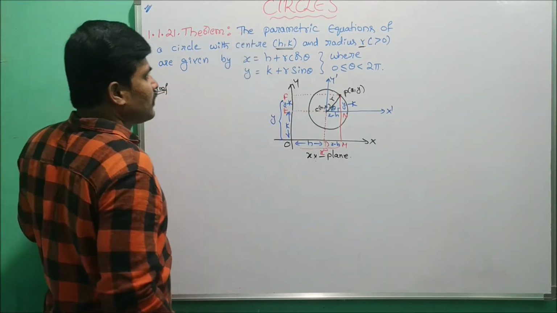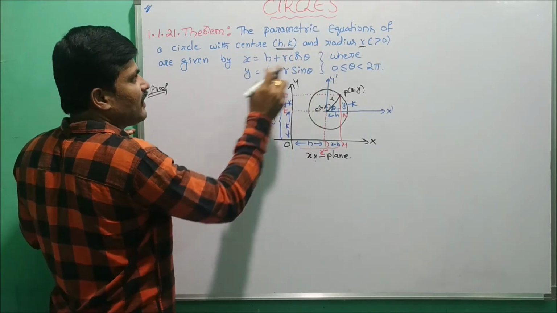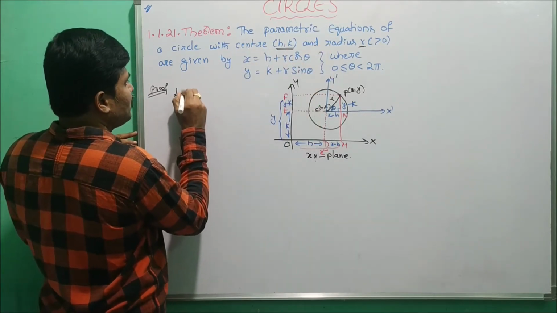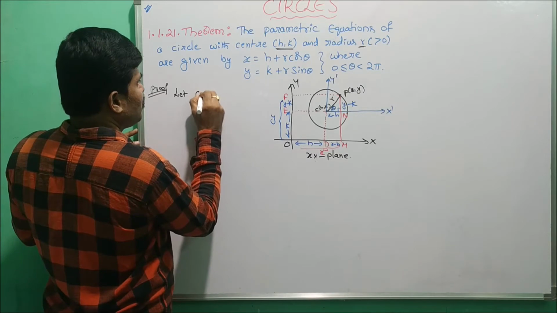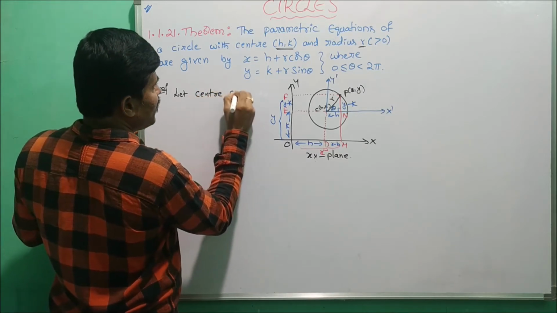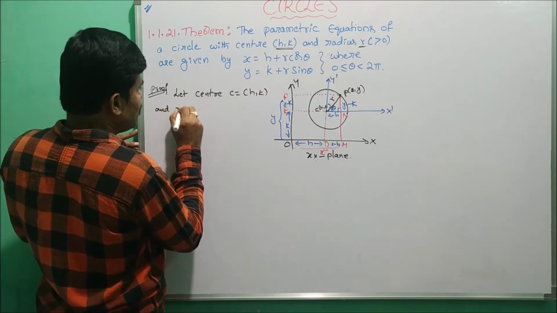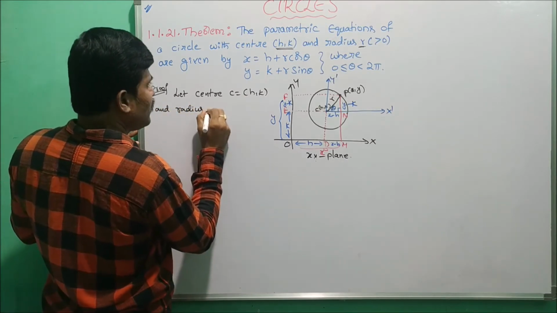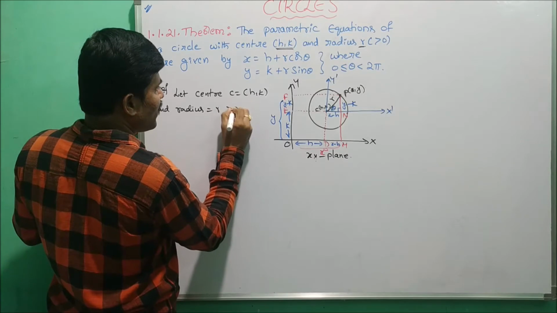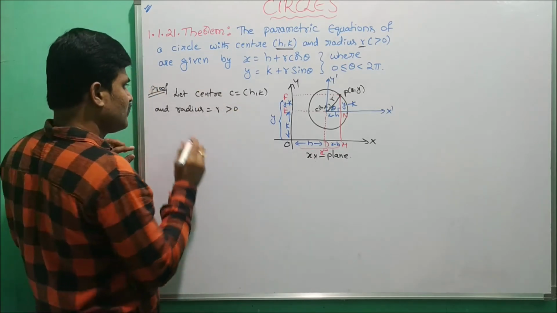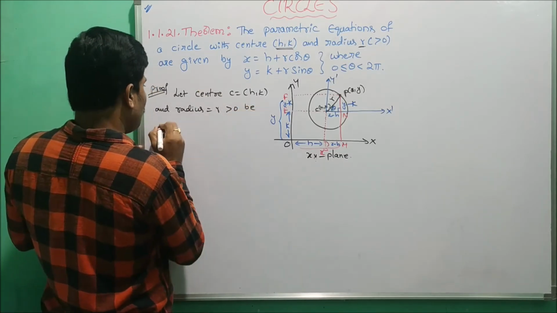In that concept, given center and radius, let center C equal to (h, k) and radius equal to r, which is always greater than 0. Already given.